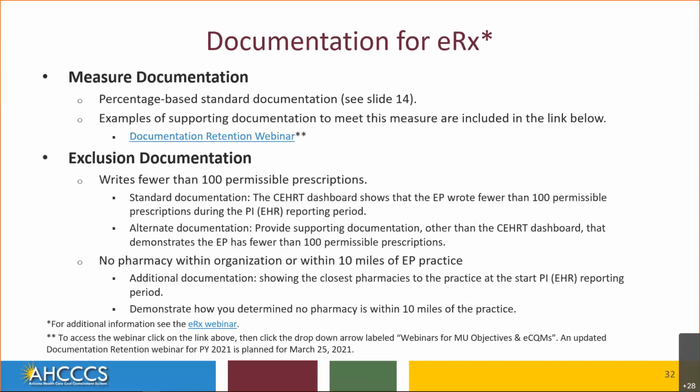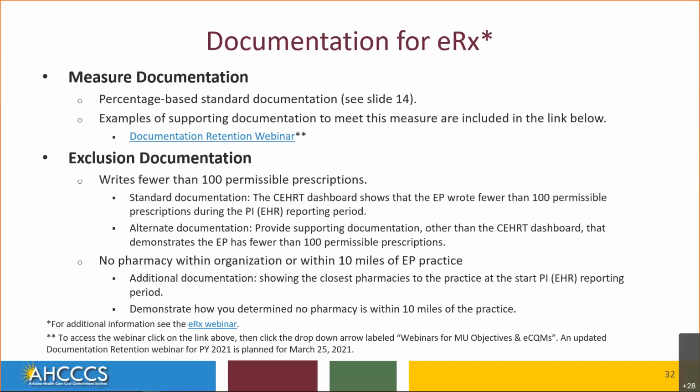So the first bullet point discusses what documentation is required if the provider attests to meeting the measure. They need to submit the percentage-based standard documentation that's discussed on slide 14. And some examples of that supporting documentation is in the documentation retention webinar. However, if the provider does claim the exclusion, they will have to submit additional documentation.